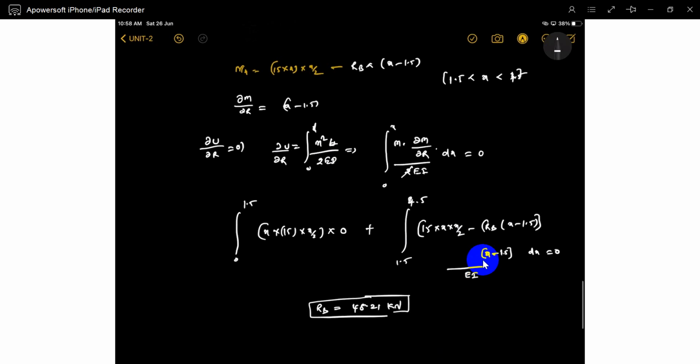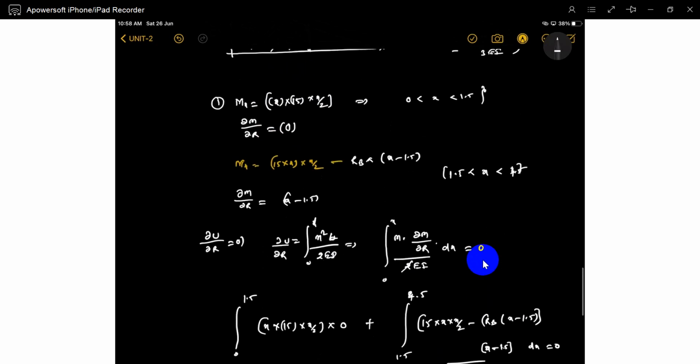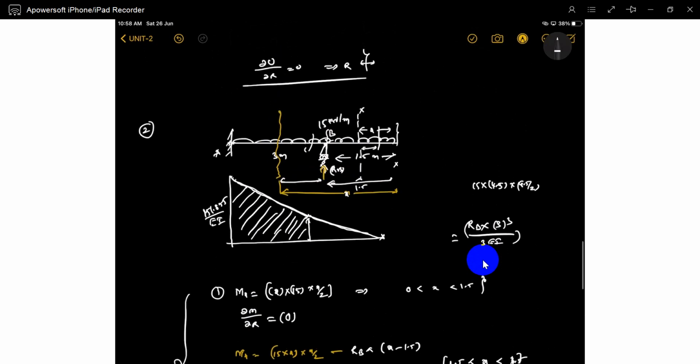We already did so many problems like this. We find out the redundant, not the deflections. Already we did the strain energy method in the first unit. So you can find out that redundant by so many methods, that is what I want to say.